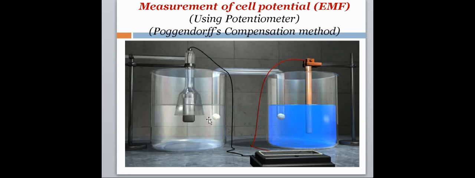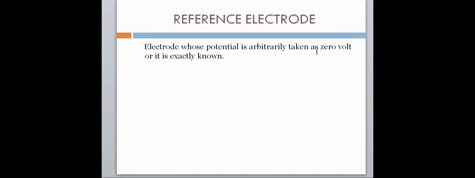Now remember, to find the cell potential, I need to know the potentials of both the electrodes, isn't it? So as per the studies done in this chapter, a reference electrode is something whose potential is either taken as 0 volt or is exactly known.